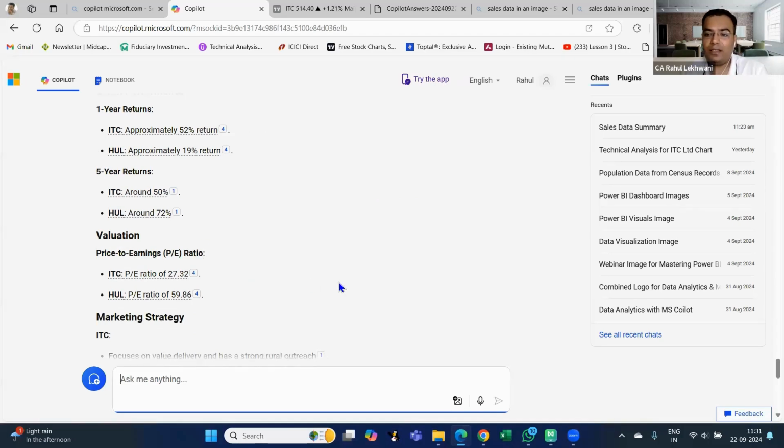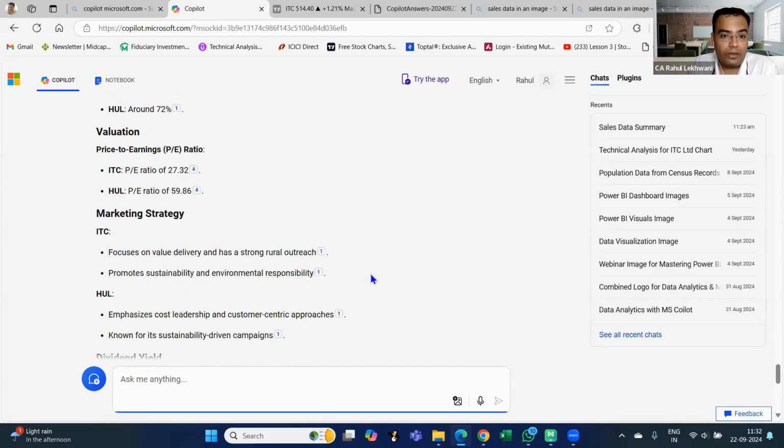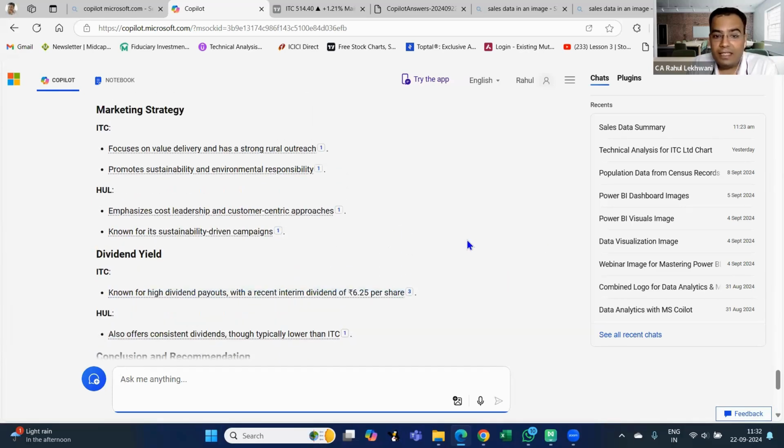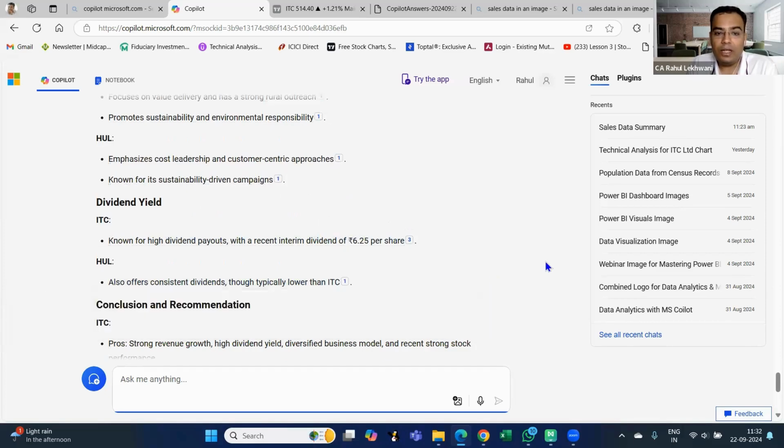This will tell us whether my stock is costly or cheap, right? ITC is trading at 27, which means there is a lot of scope for ITC to create more wealth. But HUL is at 69, which is costly. Then marketing strategies, then dividend yield, very, very important. ITC gives 6 rupees per share dividend, while HUL's dividend is very, very low.